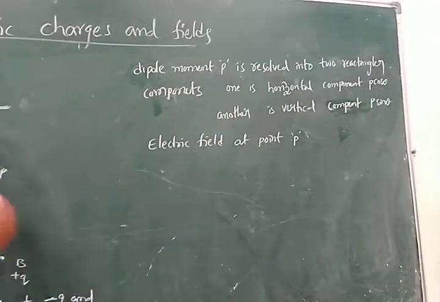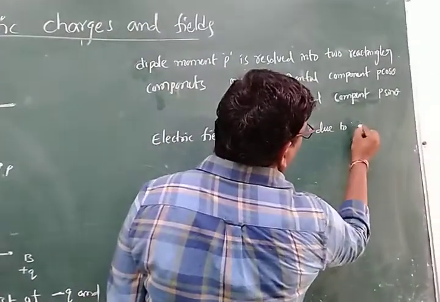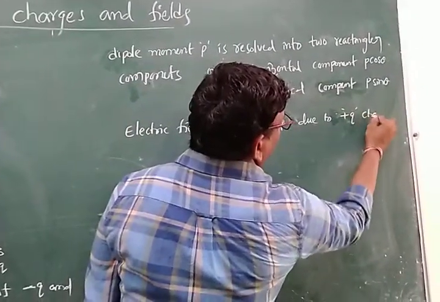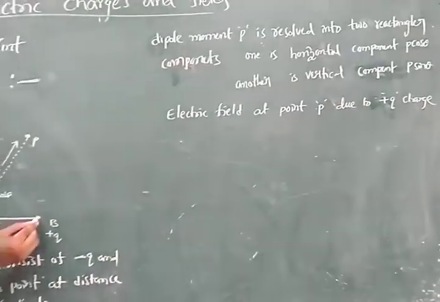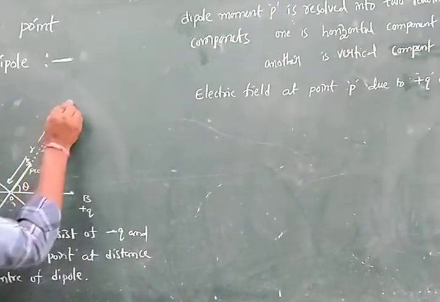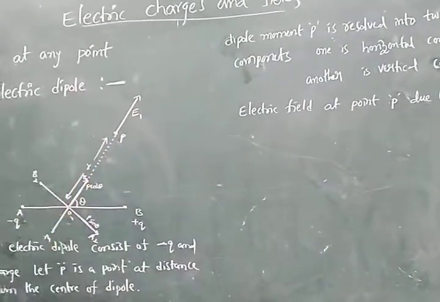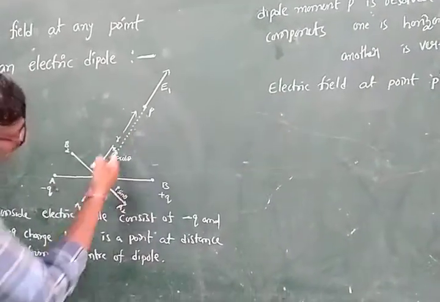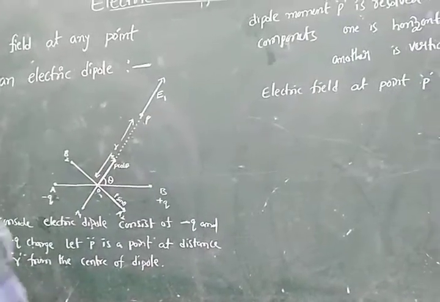Electric field at point P due to the positive charge: this is the direction, and this is considered E1. It is along the axial line. What is the formula for the axial line?